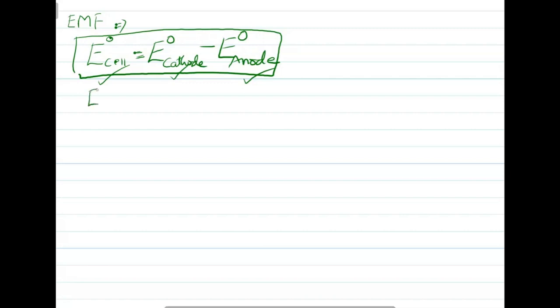Or we can write E cell is equal to E of cathode minus E of anode, where E is the electrode potential and E0 indicates the standard electrode potential. Standard electrode potential is also called cell potential, or EMF. Why is it called standard?